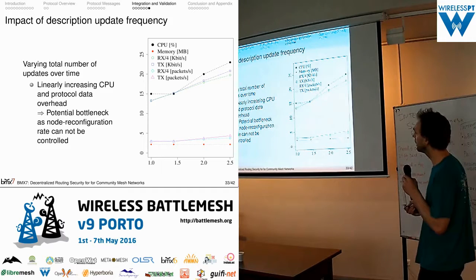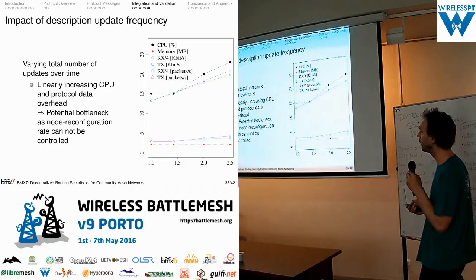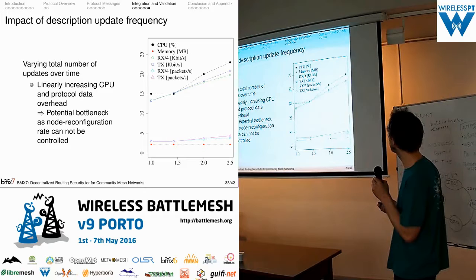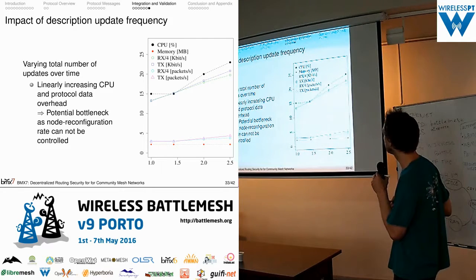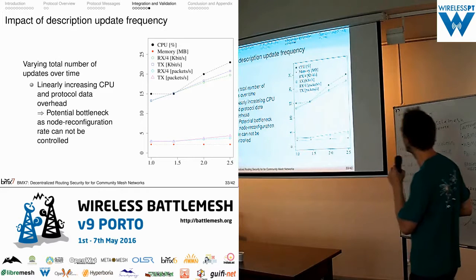If you have massive description updates, your node can run into problems, because you see that CPU increases like in other figures, but it increases already with 2.5 description changes per, actually what is it? This was per second, as I remember. I'm sorry that the dimension got lost here.